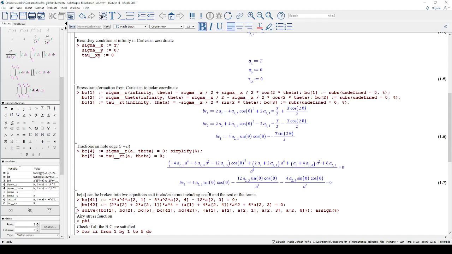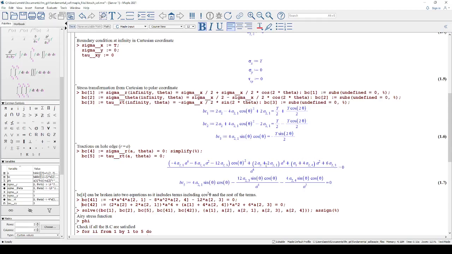If we look at this boundary condition for sigma r on the hole edge, you'll see that we have a series of terms where the coefficient is cosine theta. However, the rest of the terms don't have any coefficient.